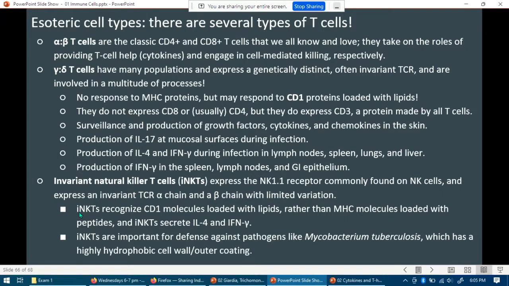It turns out that their major job is that they recognize CD1 molecules that have been loaded with lipids. So just like how gamma delta T cells can respond to CD1 protein, so too can the iNKT cells. Okay, and they secrete IL-4 and interferon gamma. These are an important cell class for defense against pathogens like Mycobacterium tuberculosis, and this is a bacterium that has an extremely hydrophobic cell wall.